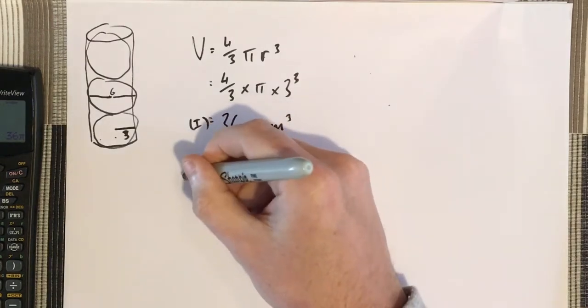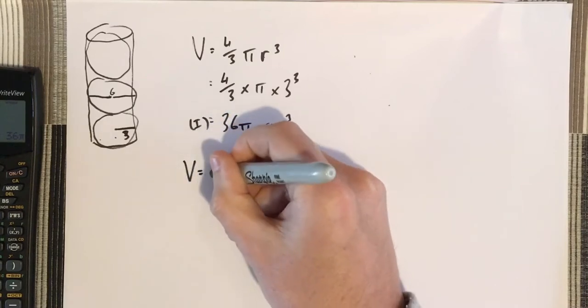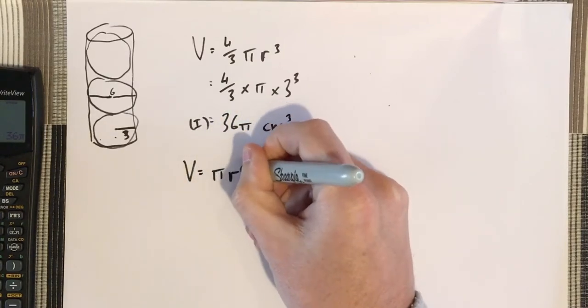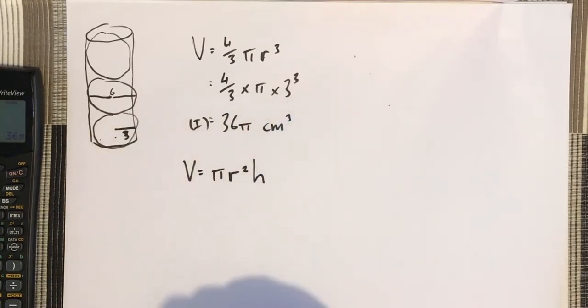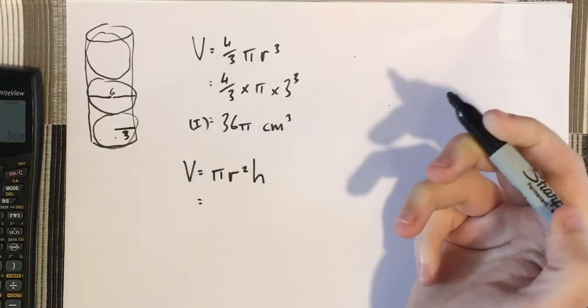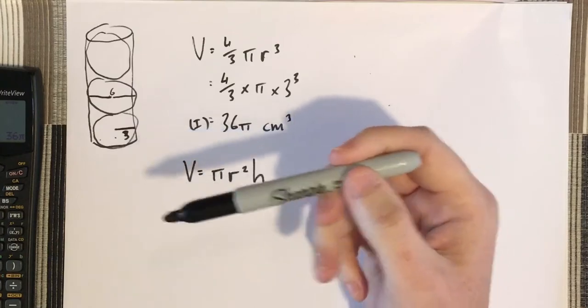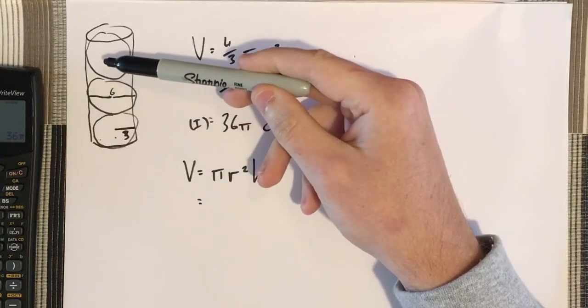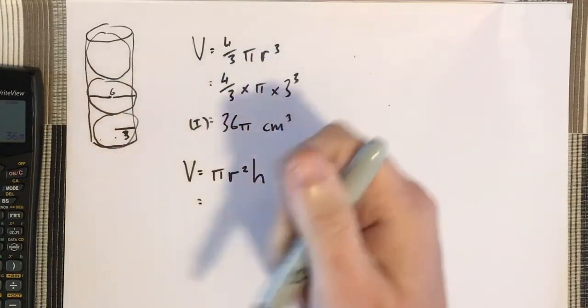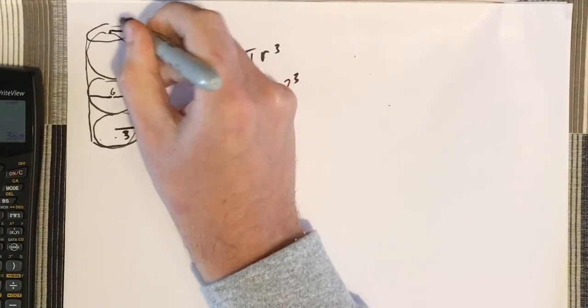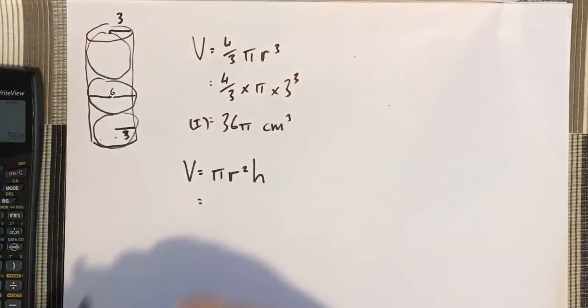2 then is the volume of the cylindrical can. So the volume of a cylinder is pi r squared h. I have the radius of this cylinder already. I'm told that these spheres just fit into the cylinder, okay? So the radius of the cylinder must be 3.